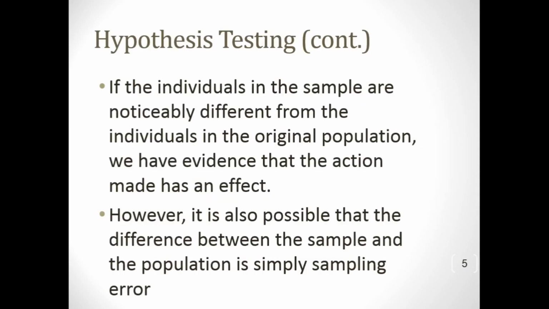tutorial video. So if the individuals in the sample have a noticeable difference from the individuals in the original population, we have evidence that the action made has an effect. So how to measure this effect using statistical hypothesis testing, we will show you in this tutorial video.